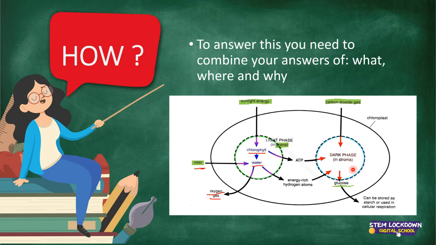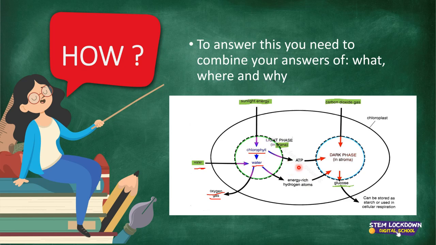They all take place in the chloroplast, but at different sections of the chloroplast. Like I mentioned yesterday, the light phase takes place in the grana, and the dark phase takes place in the stroma.